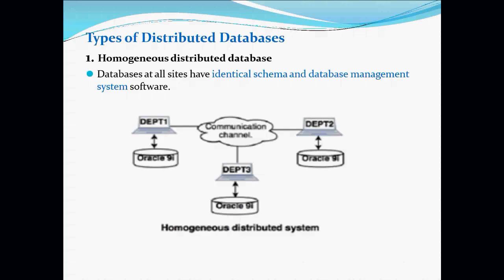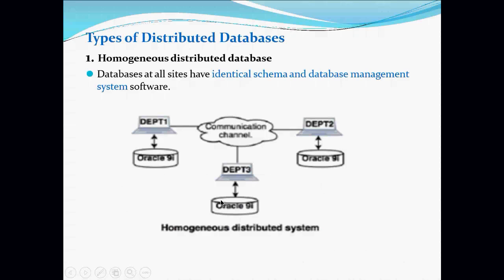One thing you have to keep in mind is that a distributed database is of 2 types: homogeneous and heterogeneous. Homogeneous means something common. If it is a homogeneous distributed database, we use the same software to manage the database at all the locations.